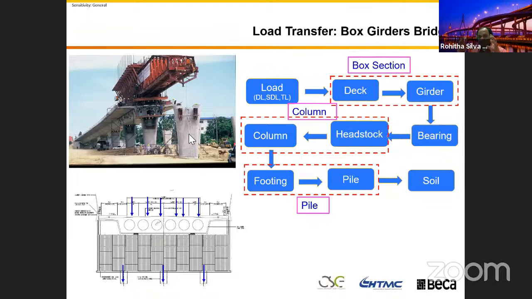So we now have only one unit. It's good. And there is no headstock here, because this girder is directly supported on bearings, and the bearings sit directly on the column. So you combine the column and headstock together. Then you remove the girder, sorry, you remove the deck and the headstock construction.